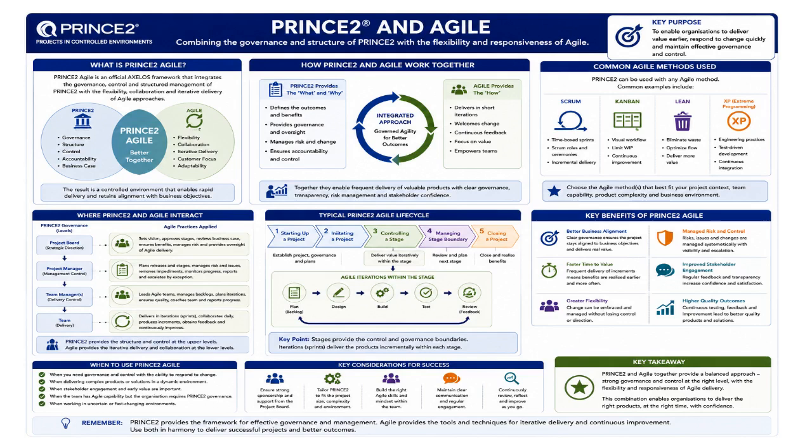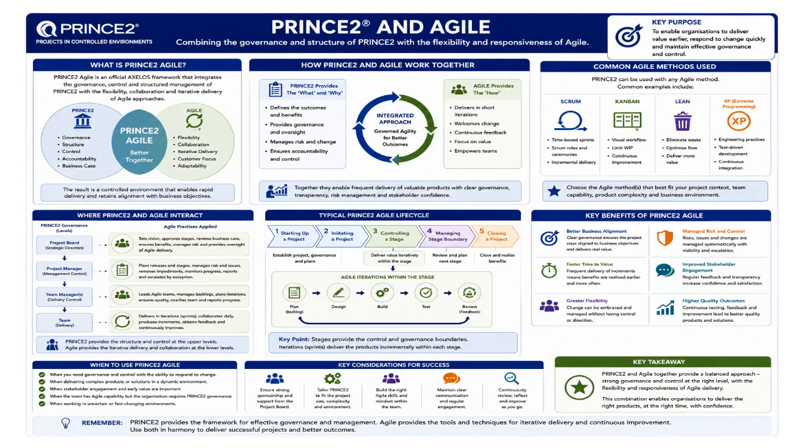On the right-hand side, the slide highlights the key benefits of PRINCE2 Agile. These benefits include better business alignment, faster time to value, improved flexibility, stronger risk management, improved stakeholder engagement, and higher quality outcomes. This combination is especially valuable in digital transformation environments where customer needs, technology, and market conditions can change rapidly.